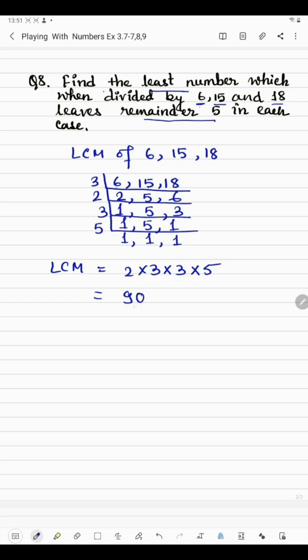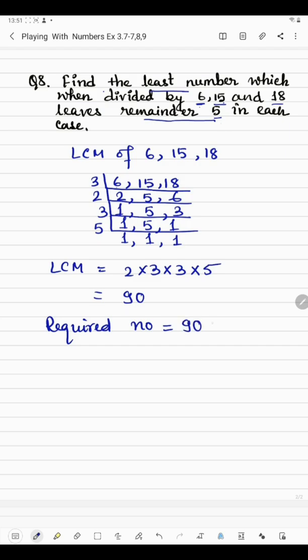When you divide this 90 by 6, 15 and 18, you will get 0 as remainder. But here we will have to find the number in such a way that after dividing by 6, 15 and 18, we get 5 as remainder. Okay. So the required number will be, this was the LCM, 90 was the LCM.